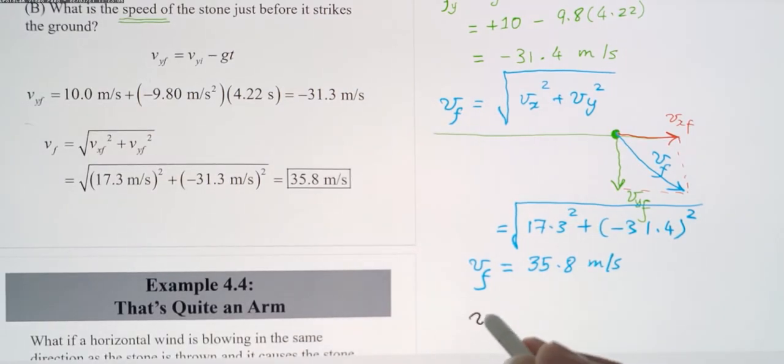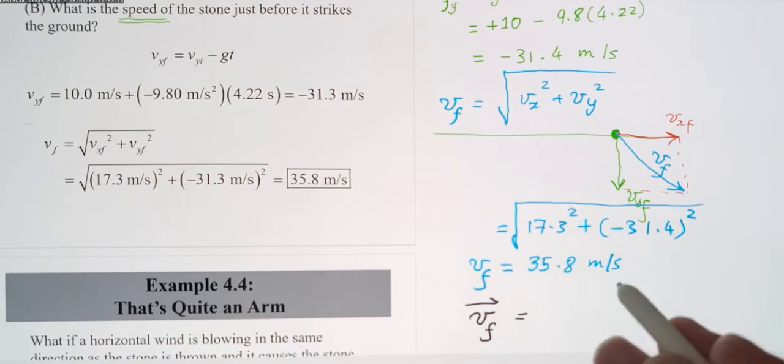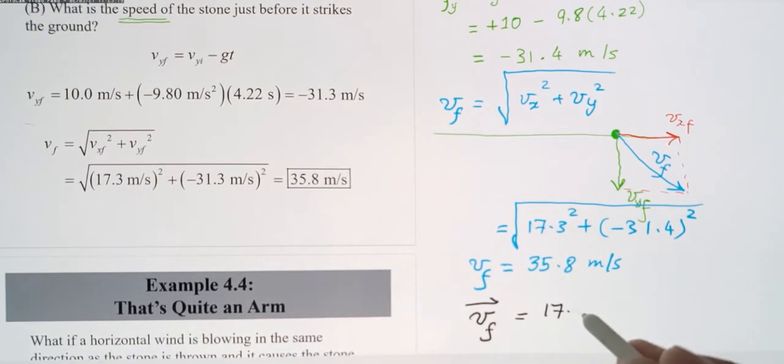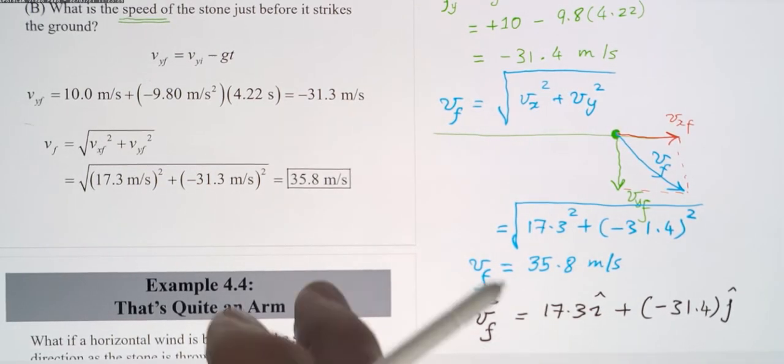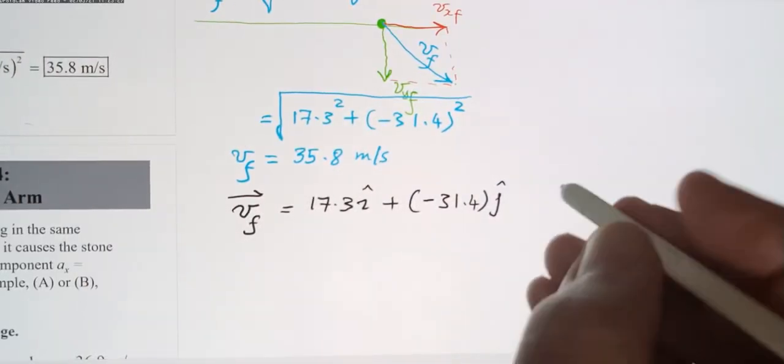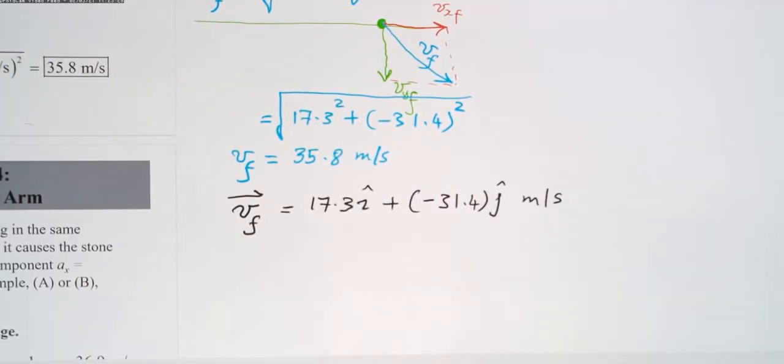Type final velocity as a vector is equal to the x component, which is 17.3 i plus minus 31.4 j. That is meter per second.